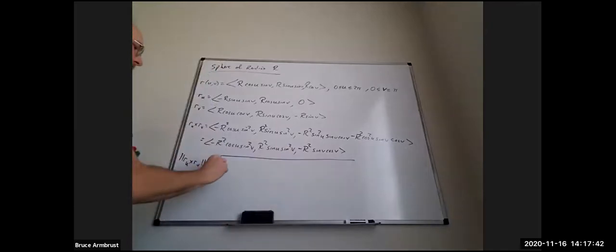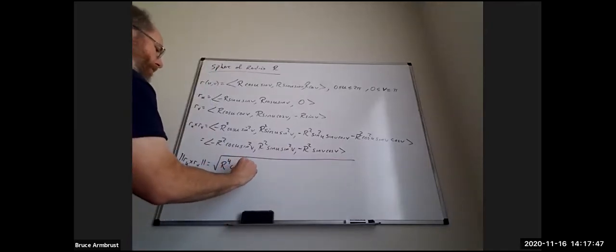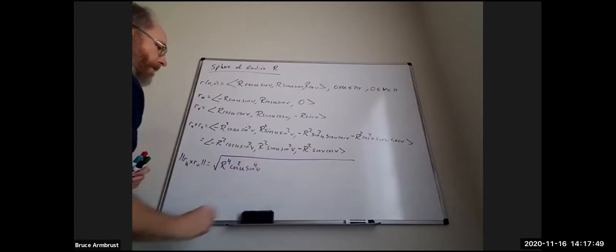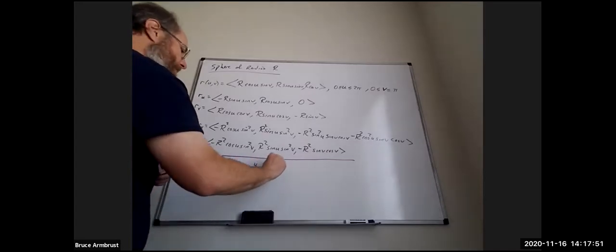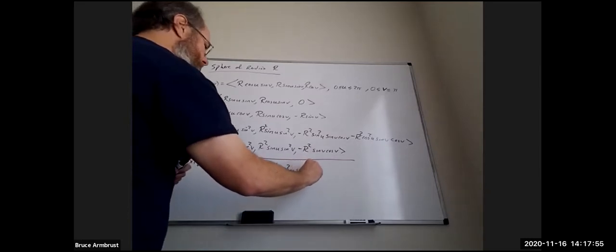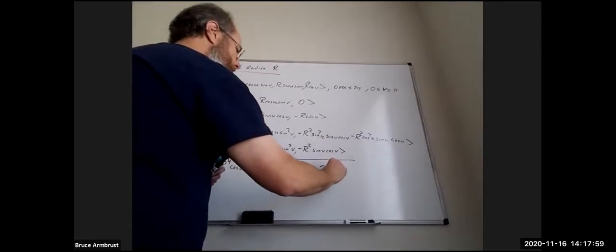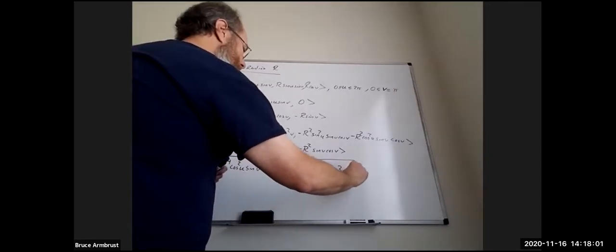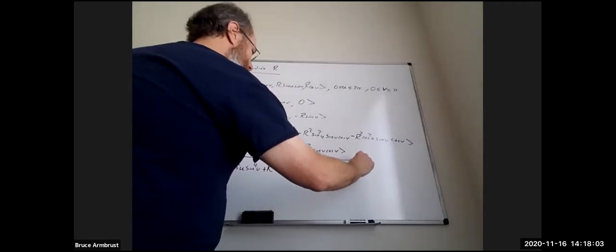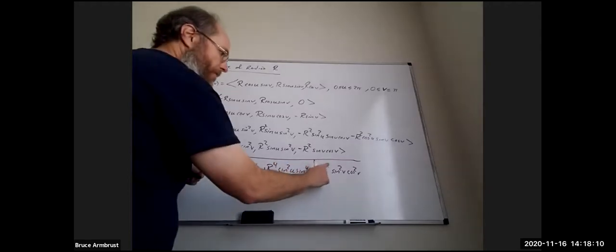So that's going to be the square root of R to the fourth cosine squared u sine to the fourth v plus R to the fourth sine squared u sine to the fourth v plus R squared sine squared v cosine squared v. Oh, R to the fourth.